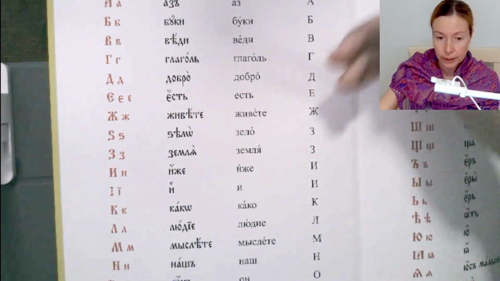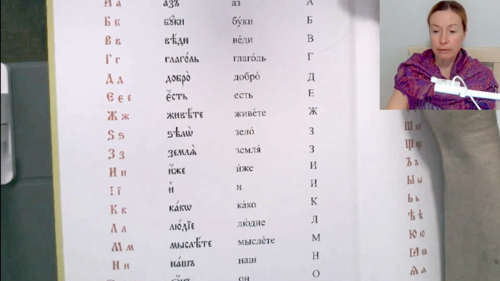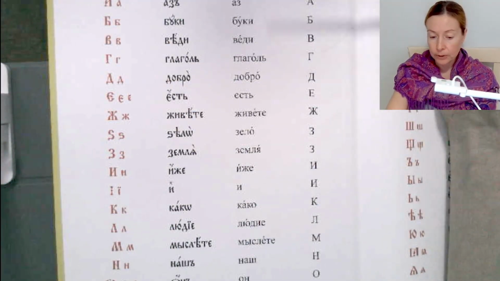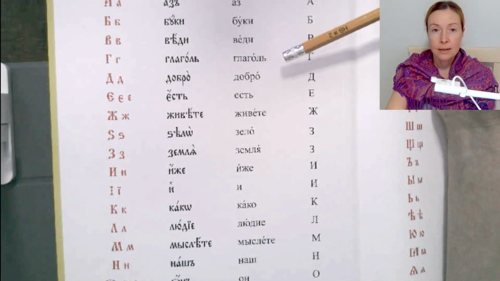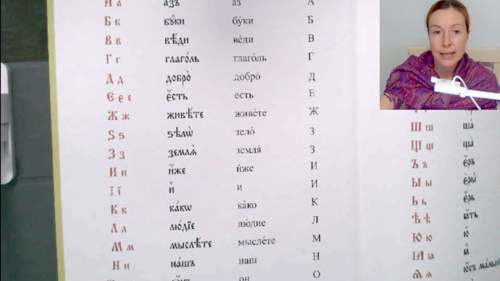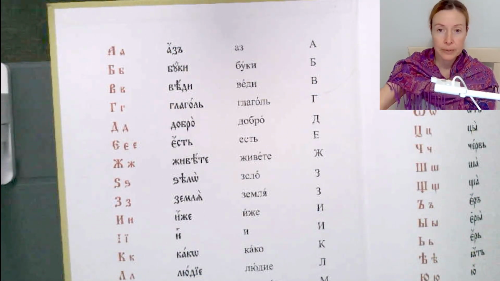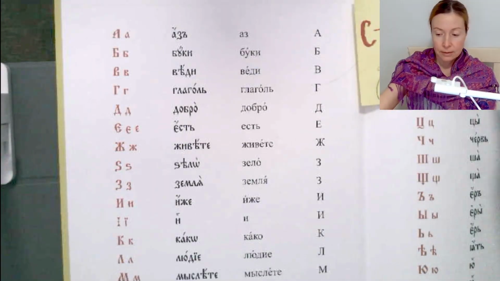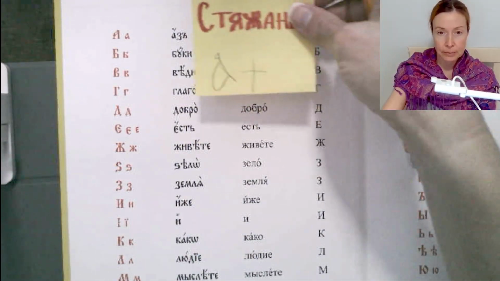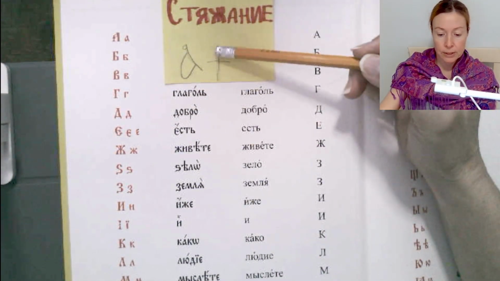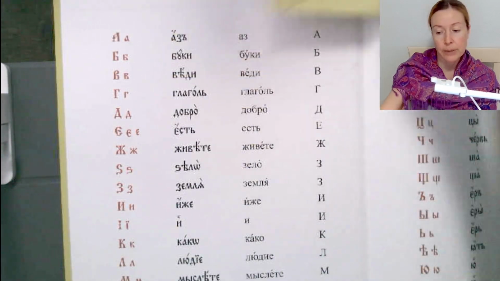And the Church Slavonic alphabet also reflects our world. As you can see, the first letter of the alphabet, the most important letter of the alphabet, like the head of the alphabet, was represented by a cross. This is amazing.